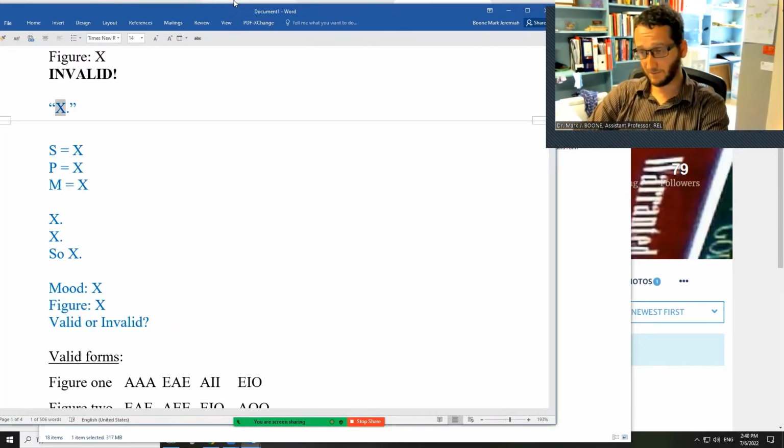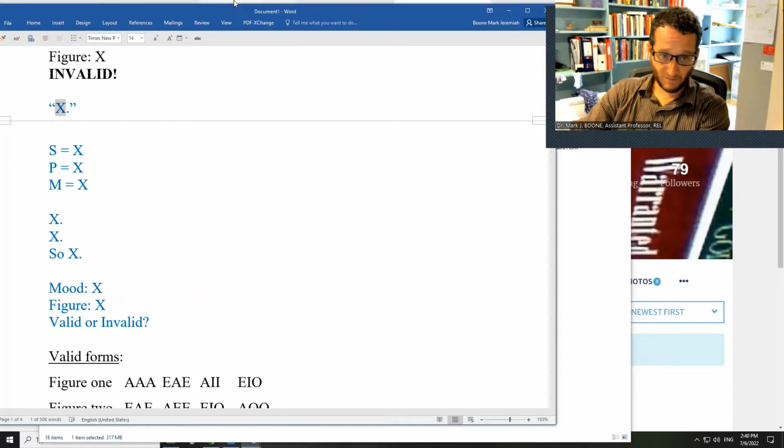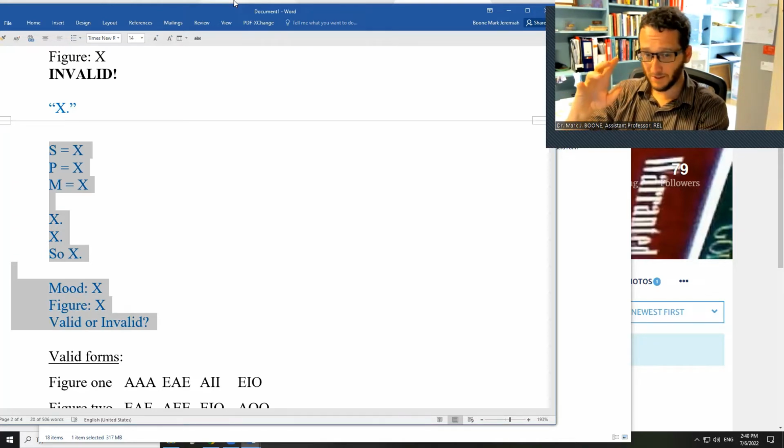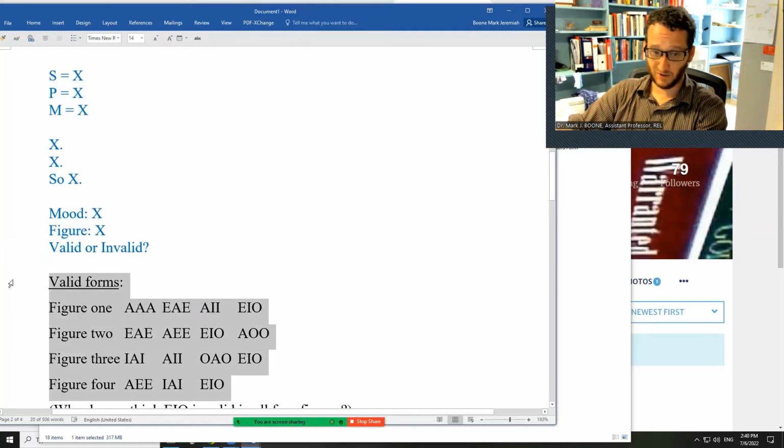First, the syllogism. If you're doing some logic homework, this part will be in your textbook. But this is what you would want to write on your homework paper. S equals something, P equals something, M equals something. Premise, therefore conclusion, mood, figure, and then whether valid or invalid, based on whether it's on this list of valid ones or not.